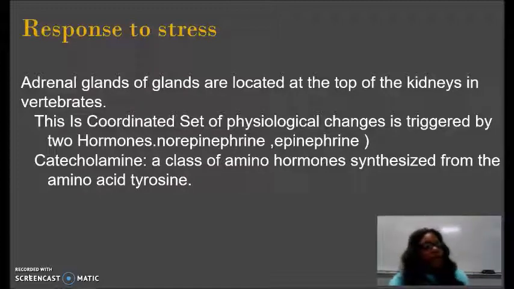In the response to stress, the adrenal glands are located at the top of the kidneys in vertebrates, as you've seen on the other slide. This is a coordinated set of physiological changes that is triggered by two hormones, epinephrine and norepinephrine, a class of amino hormones synthesized from the amino acid tyrosine.